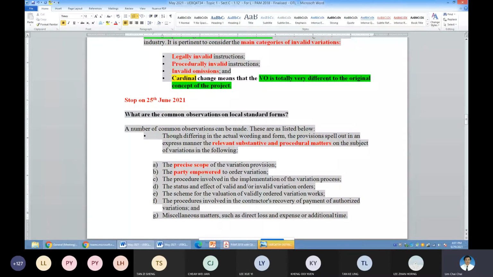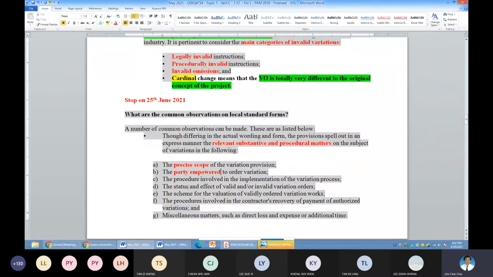That is JKR. If you're talking about FIDIC, it will be the superintending officer, the SO. Similarly, CIDB, it will be the superintending officer or the SO of the project identified by the owner of the project.